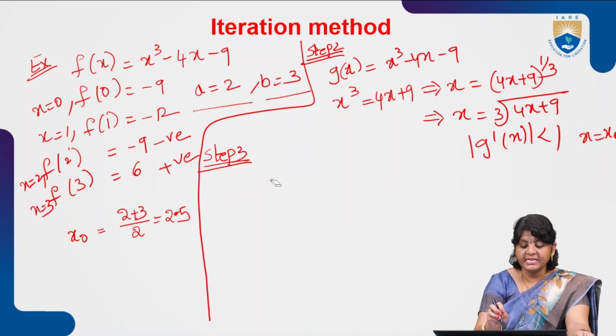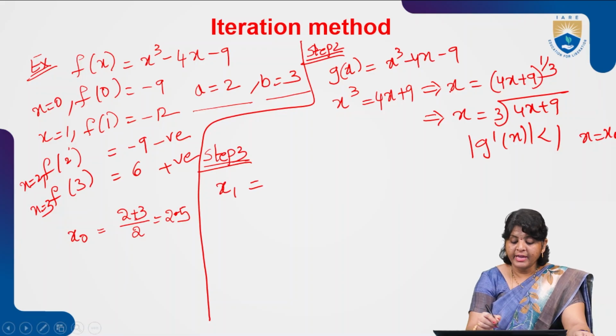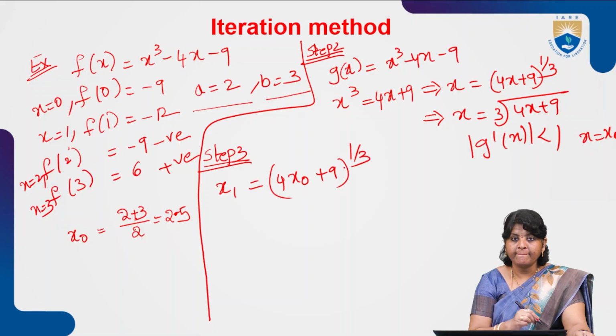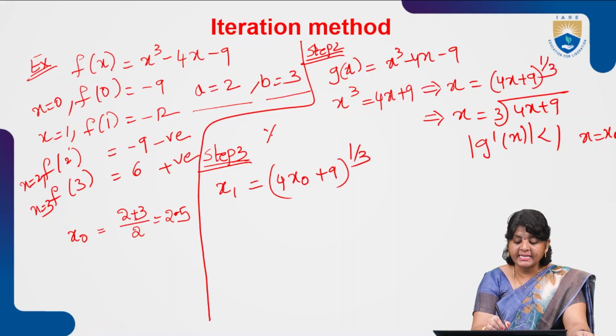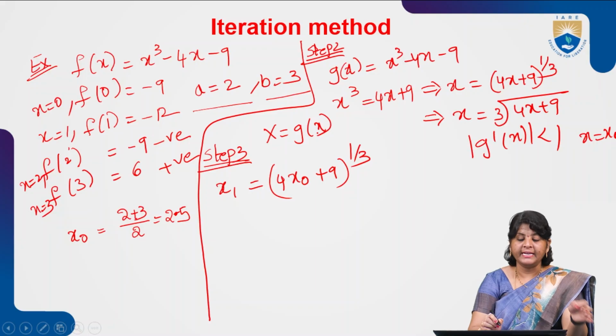So for the first iteration, n is equal to 0. So x1 is equal to what we will have? x0, that is (4x0 plus 9) whole power 1 by 3, as we take x is equal to g of x. Here the g of x is this function, and the x0 value we will take.